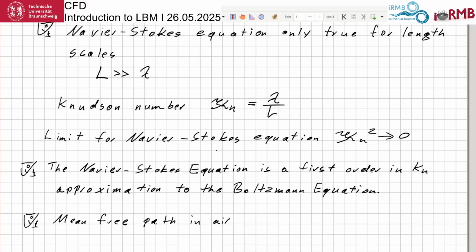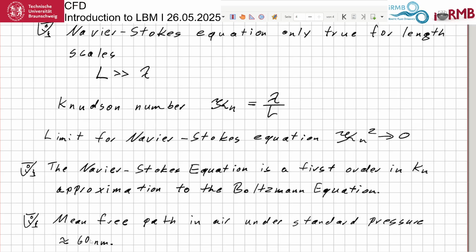So the mean free path in air, this depends on pressure and so on, under standard pressure is about 16 nanometers. So now you can imagine that basically this distance defines for you when the Navier-Stokes equation is a good approximation or not in air, right?